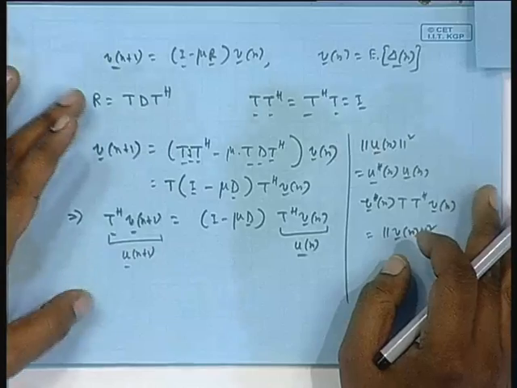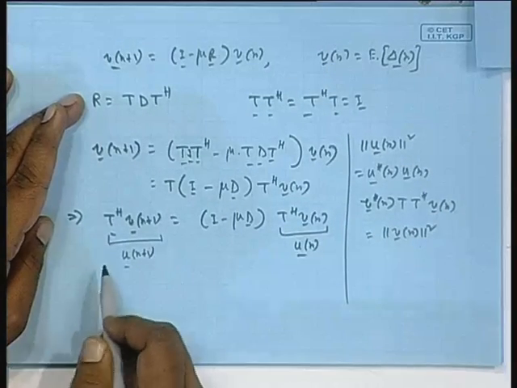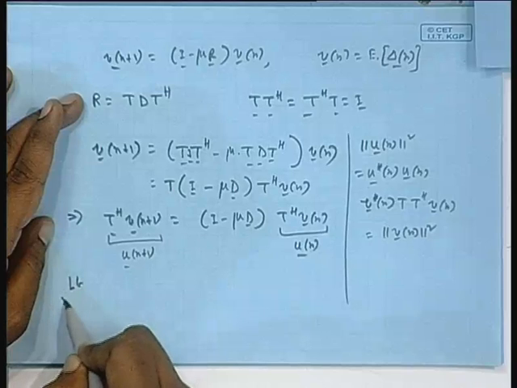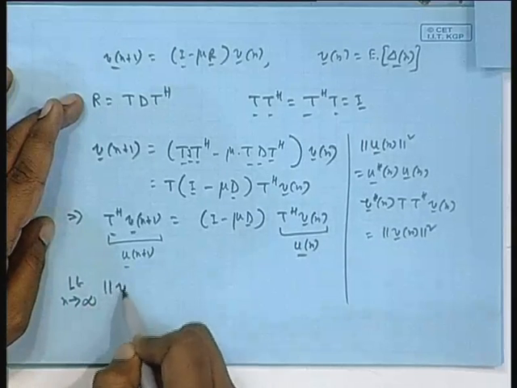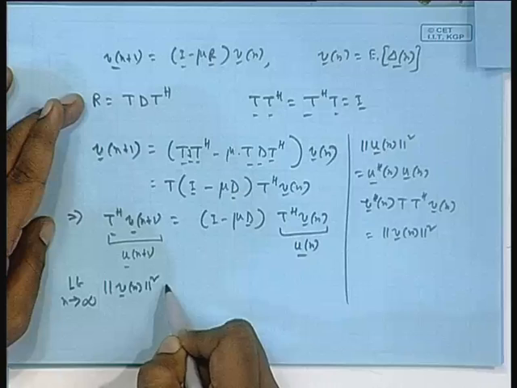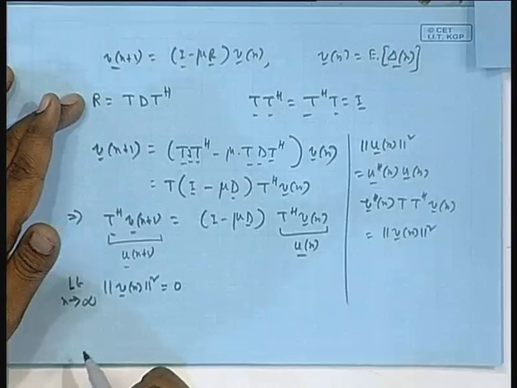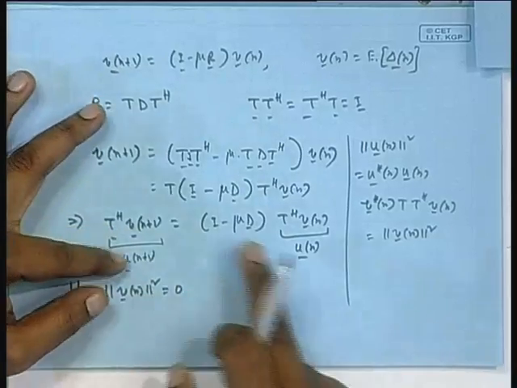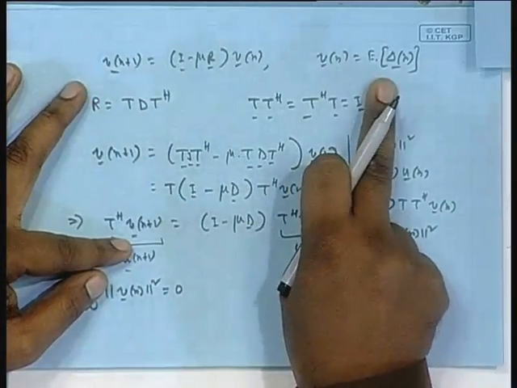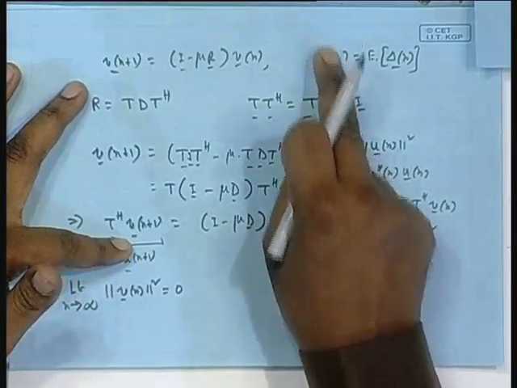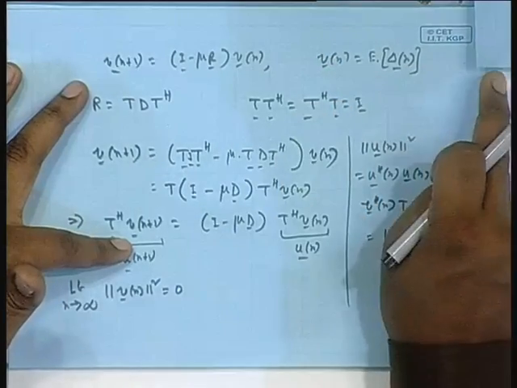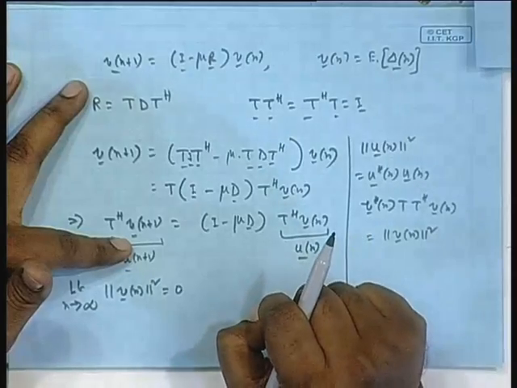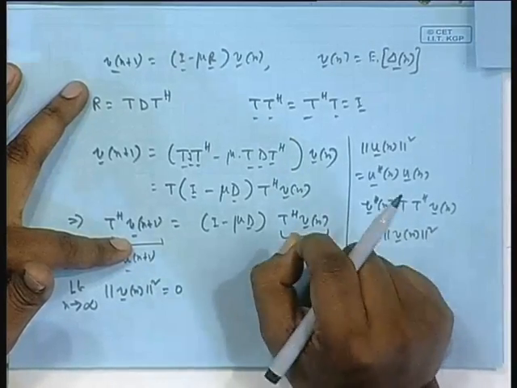So, my purpose is to show that the limit as n tends to infinity equals 0. This is what I want to show. What will it mean? That V n, the expected value of delta n, is such that if you take the norm square, that will go to 0 as n tends to infinity. But norm square of a vector being 0 means each component has to become 0. You remember, norm square of a vector 0 means each component has to be 0.